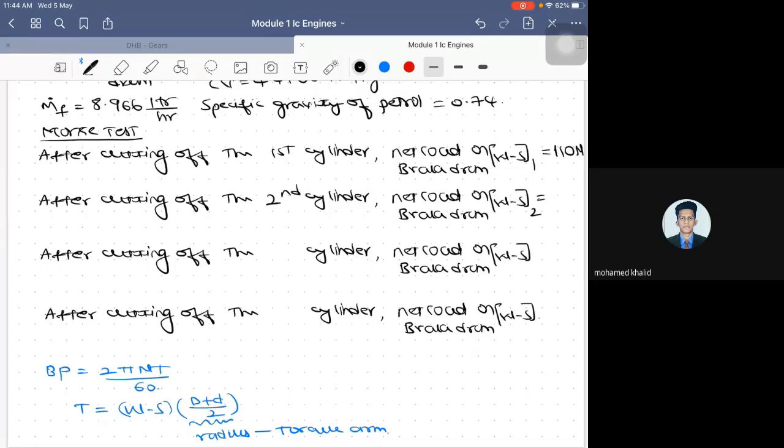Just read the problem. It is 107 newtons. Similarly, when the third cylinder is being cut off, the net load on the brake drum would be how much? 104 newtons. Similarly, when the fourth cylinder is being cut off, the net load on the brake drum would be how much? It is again 110 newtons. Got these parameters, everyone?